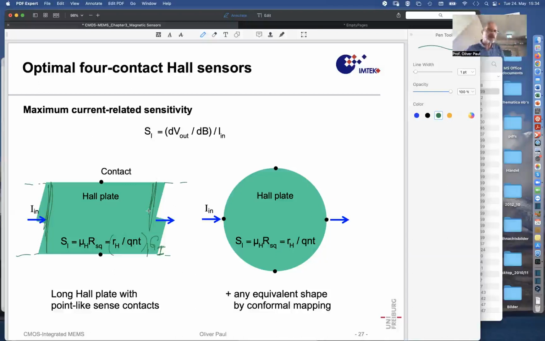But the contacts are highly conductive regions. They are equipotential lines, at 0 volt and, for instance, 1 volt to drive a current through, and those equipotential lines are vertical. So, as the current flows, given enough distance to the contact, it can take up this obliqueness of the equipotential lines, and then on the other side, the equipotential line becomes straight again.